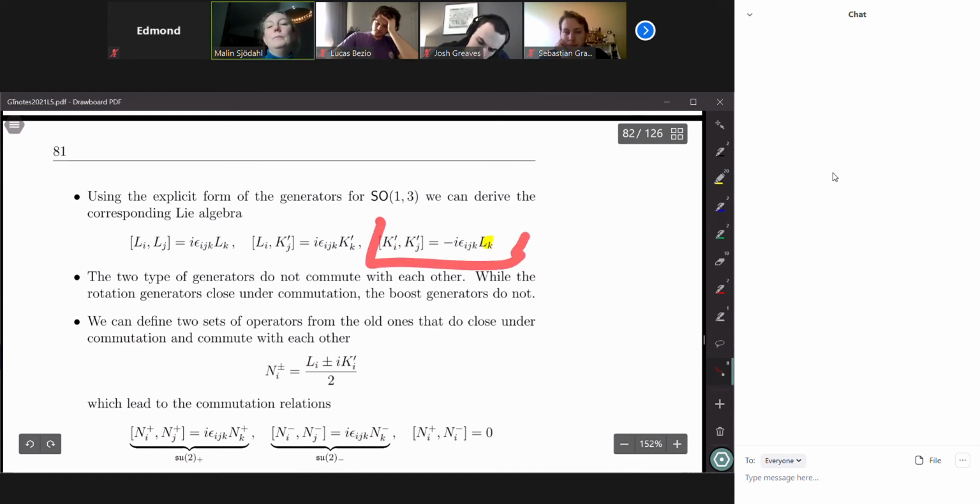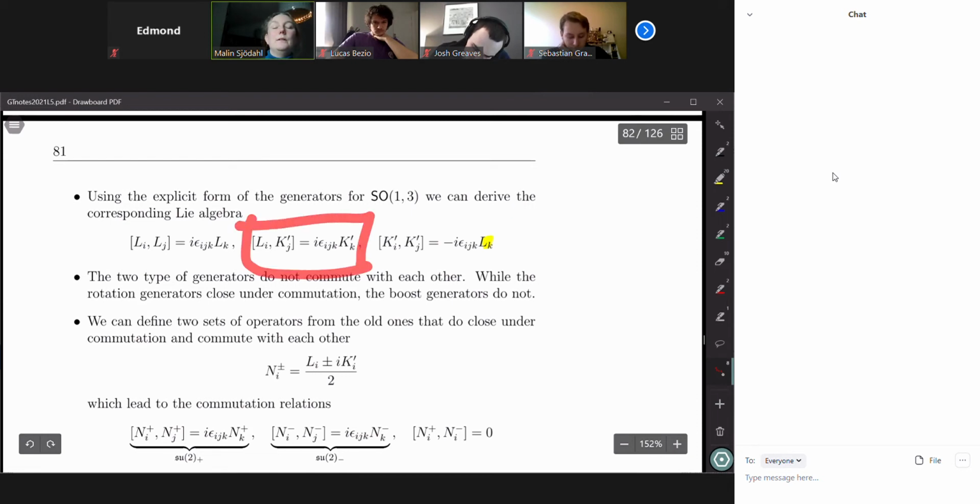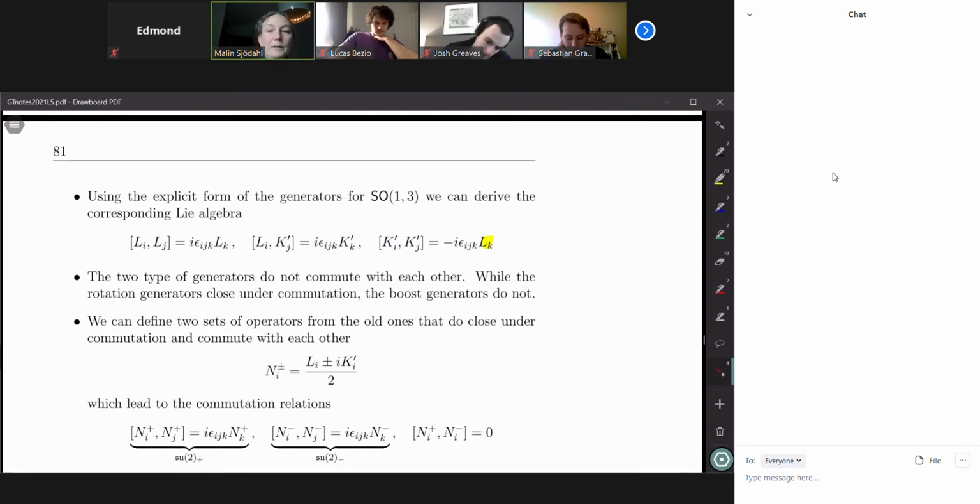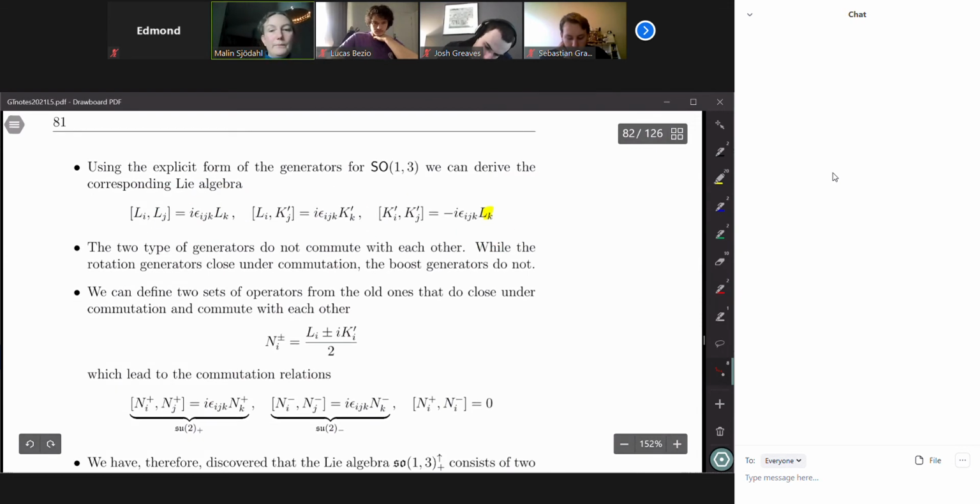So boost generators do not close. And then we can also consider the commutator between a rotation and a boost, and it gives us a boost in the remaining direction. So this algebra is closing, but these do not close. So we can have a group of only rotations, but we cannot have a group of only boosts.